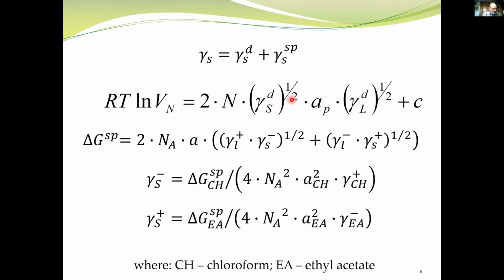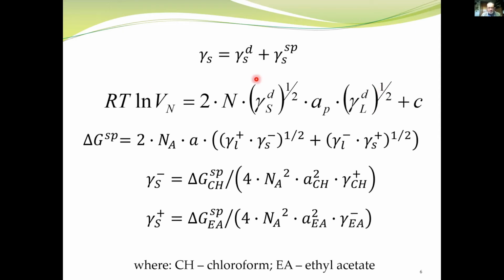Of course, we applied also inverse gas chromatography. We used free energy of the surface to express the activity of material, and it is very common.